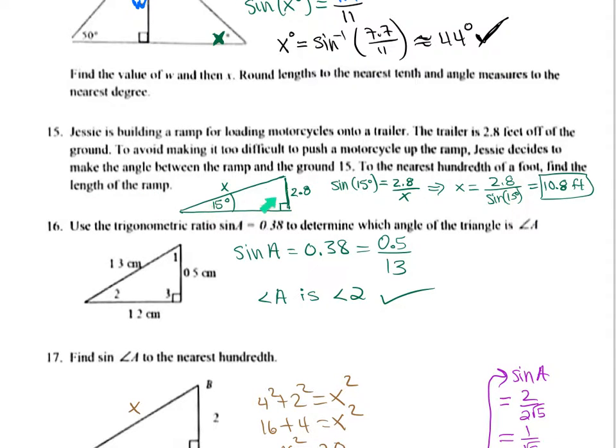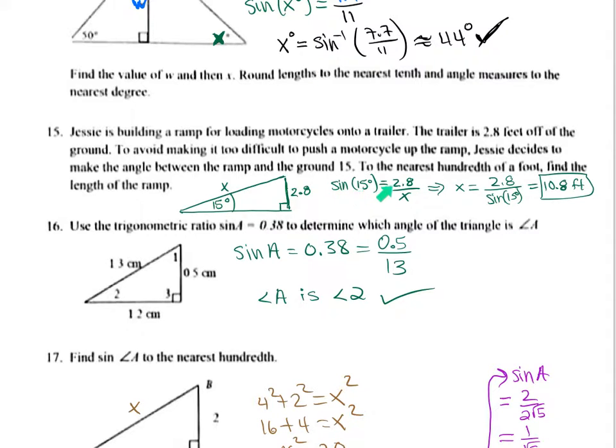All right, so here's a picture of the ramp. The angle of elevation is 15 degrees, and the trailer was 2.8 feet off the ground, so that's this height here. The length of the ramp is the hypotenuse, so we'll call that X. Well, 2.8 is the opposite side of the angle, and X is the hypotenuse, so we're going to be using sine.